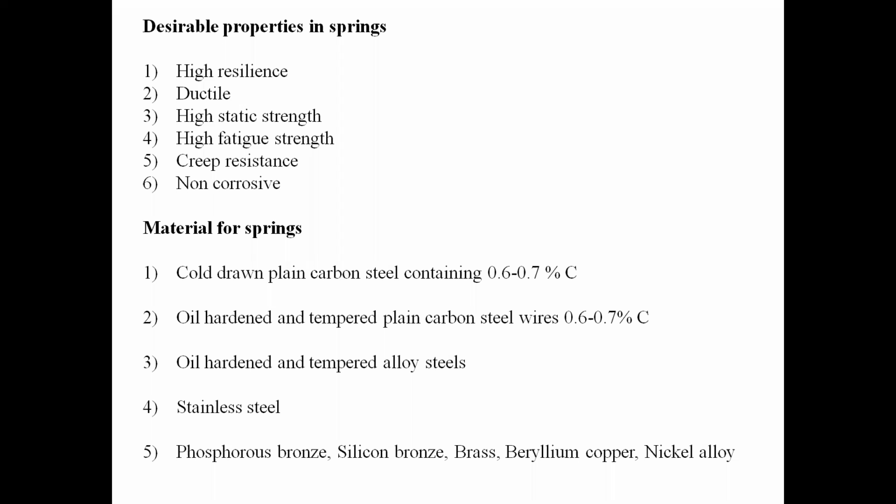It needs to be spring copper or spring brass or silicon bronze or nickel alloy. All these different non-ferrous materials are also used for springs. Not only simple metals. There are springs which can be manufactured from non-metals.